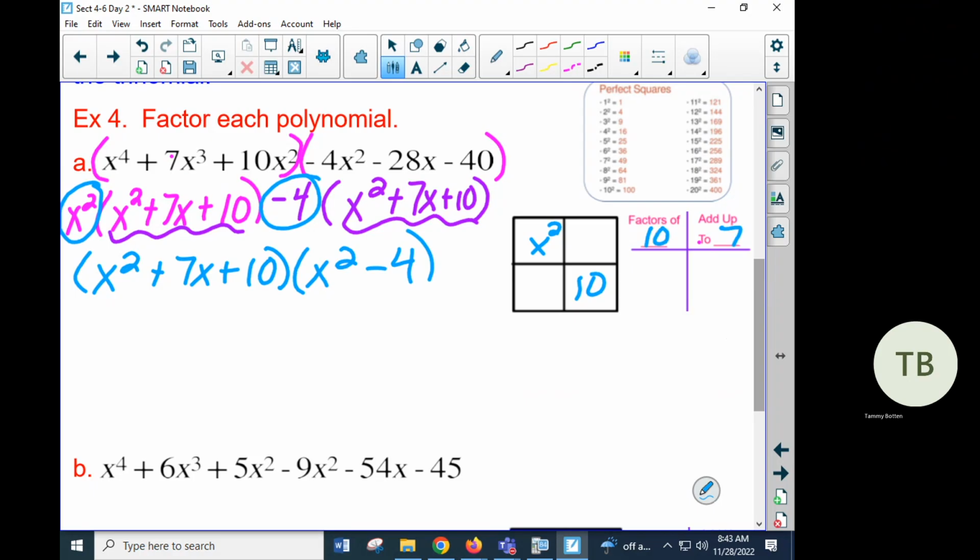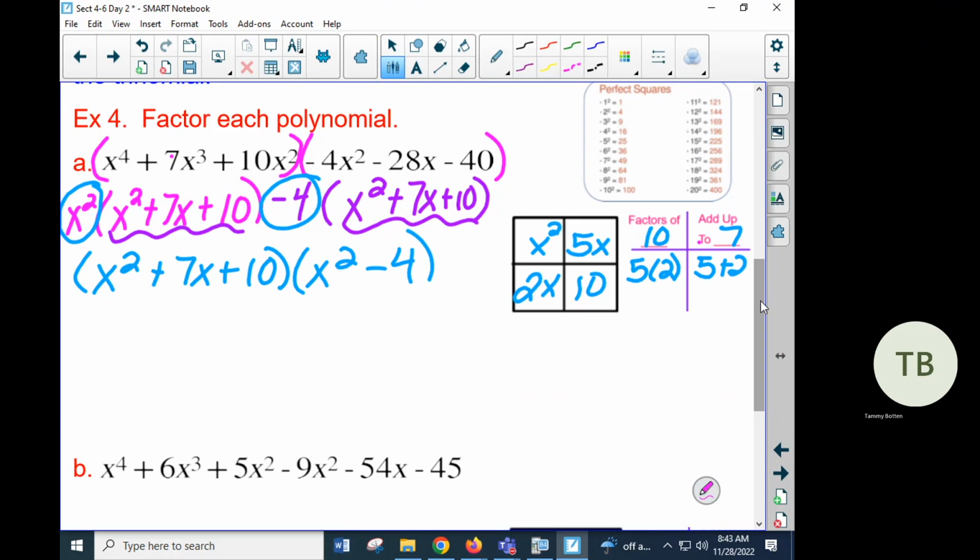Can you guys think of two factors there that would multiply to give me 10 and add to give me 7? 5 and 2. 5 and 2, good. So this would be 5x, this would be 2x, okay?